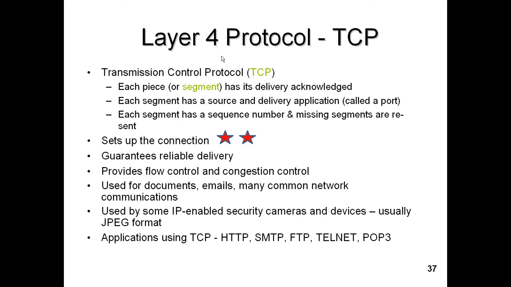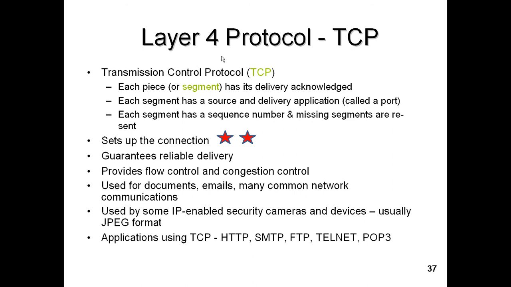And other applications also use TCP, such as File Transfer Protocol, HTTP. In fact, when you think about the internet, right now on the internet, right this instant, whenever you're watching this, there are billions of data packets going through the internet.